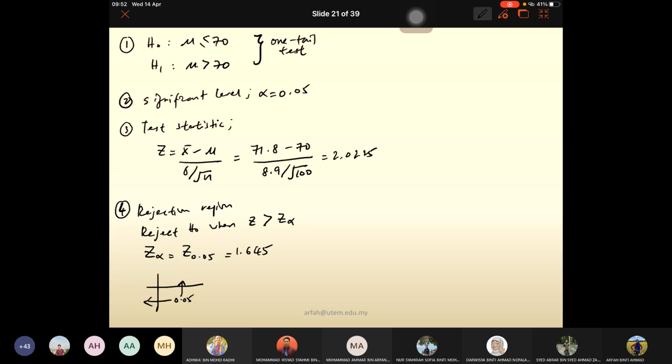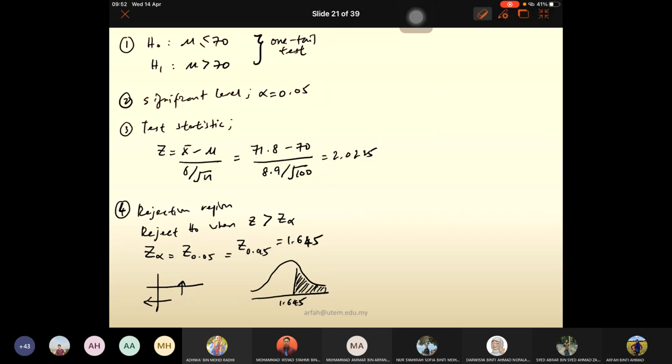Okay. So we will take 1 minus this one, equal to the other side, that is Z 0.95 equals 1.645.